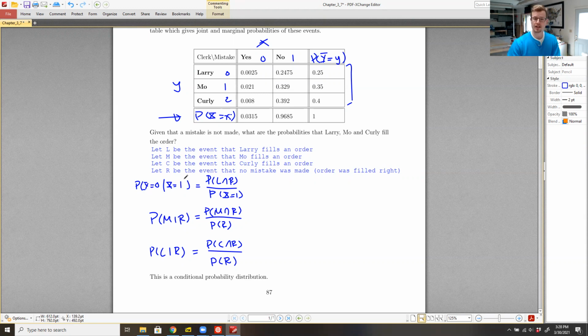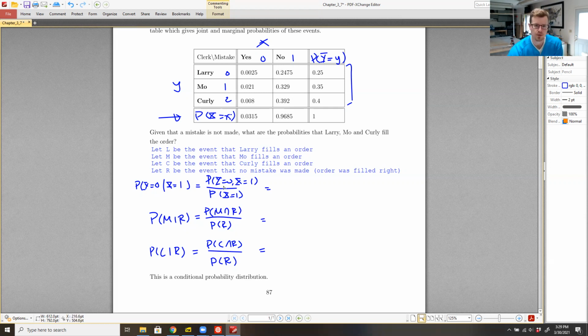That's what we're looking at in terms of random variables: Y equals 0, comma, X equals 1. That's writing it in terms of discrete random variables. This is no different than what we've been taking a look at in the discussion on probability a while ago, and we're looking at it through the lens of random variables in this case. We have the marginal distribution, which gives us these probabilities, and then the joint distribution gives us the numerators.